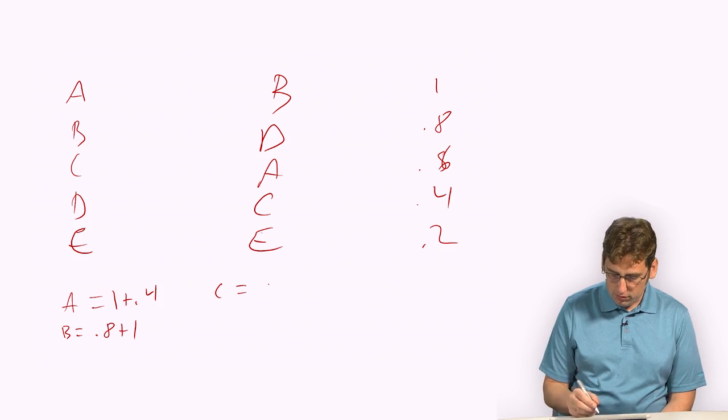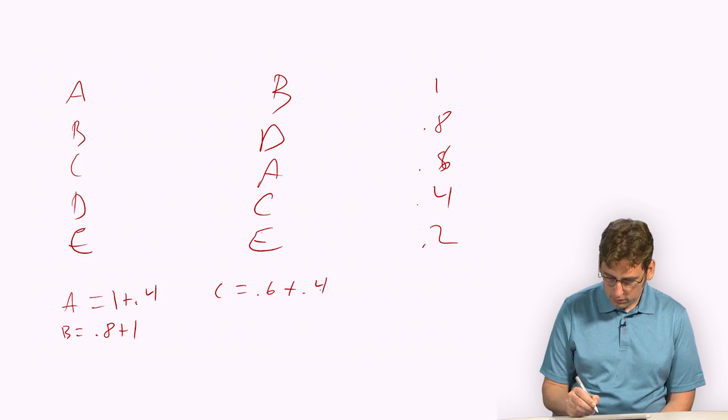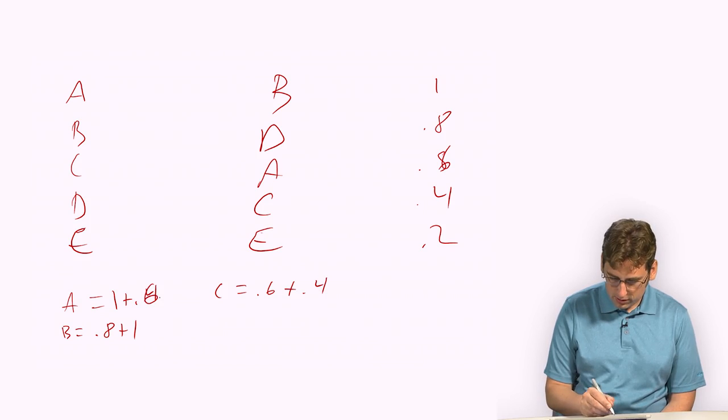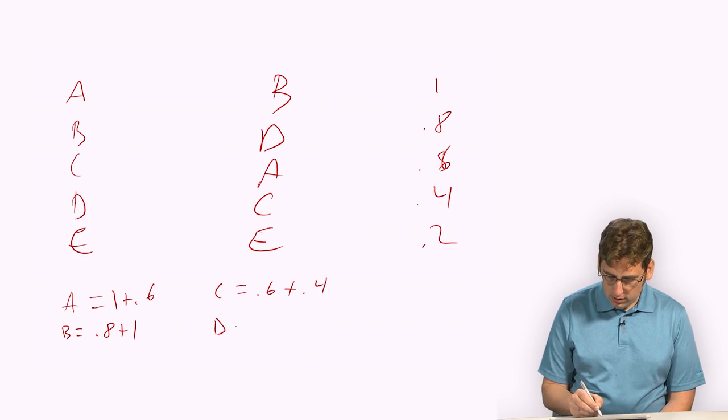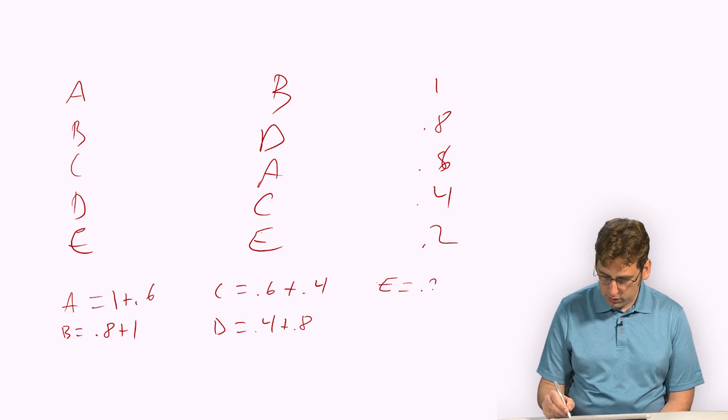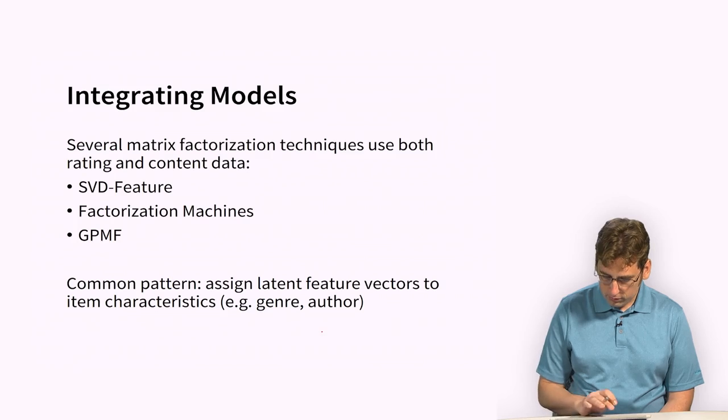C equals 0.6 plus 0.4. D equals 0.4 plus 0.8, and E equals 0.2 plus 0.2, which is 0.4.